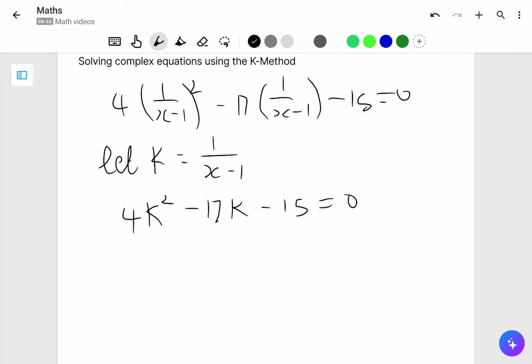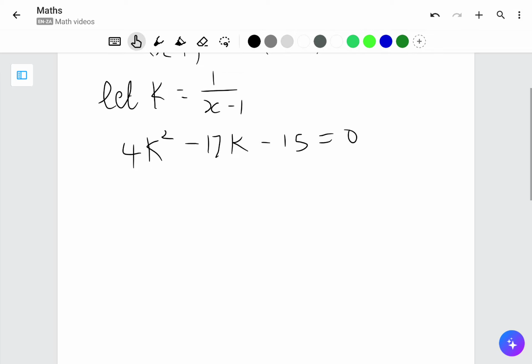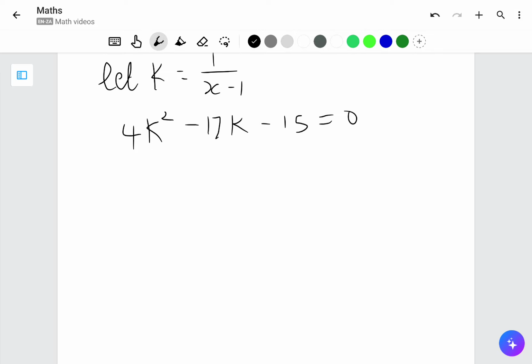Again, as we can see, we are now sitting with a quadratic trinomial. So what we're going to do is open up two brackets again, equal to 0, and get our factors. We're going to have k and 4k, and we know that's going to give us 4k squared.